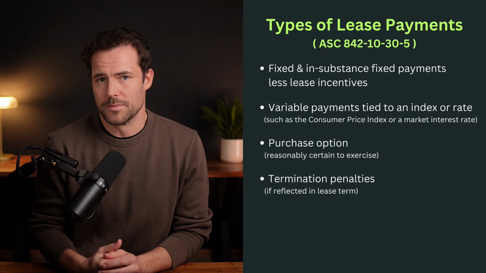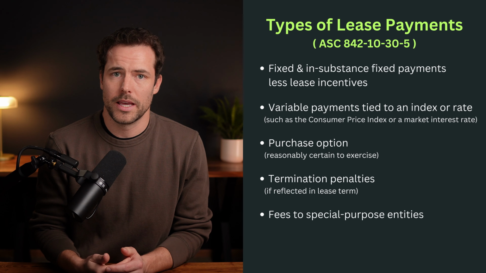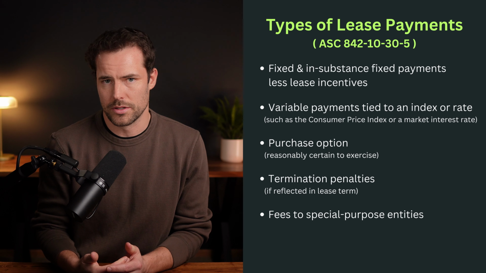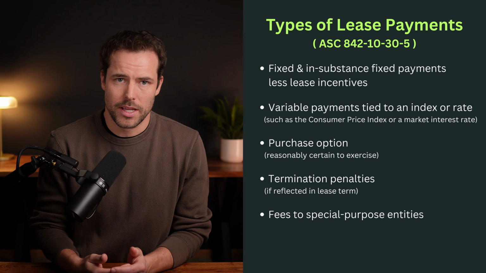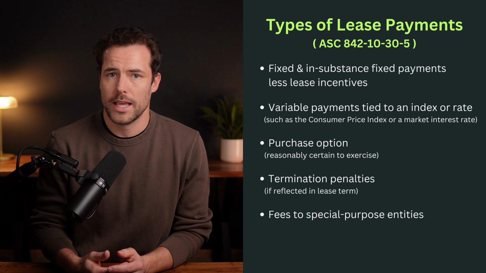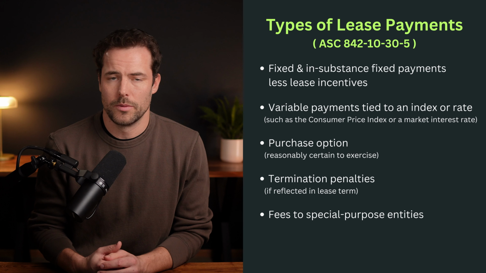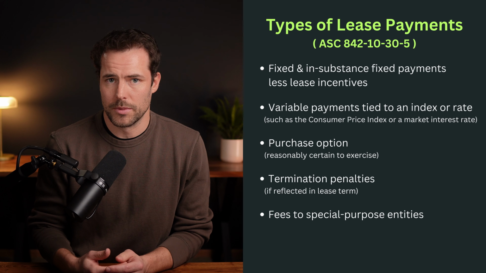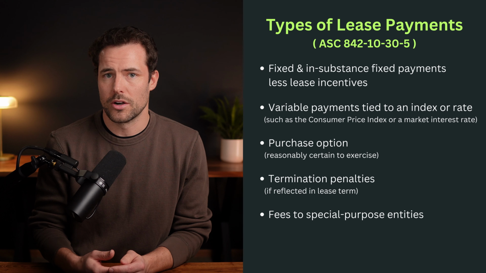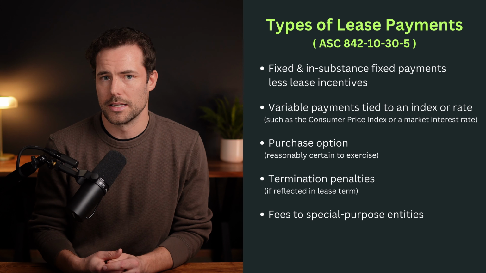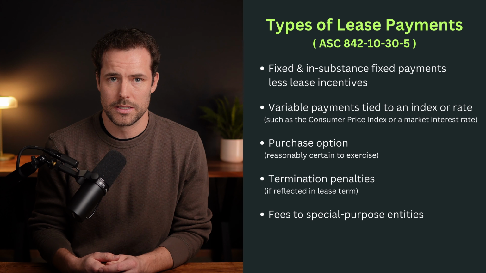The fifth type of lease payment is any fee the lessee pays to a special purpose entity that was created to structure the transaction. This is an edge case, but if the lessor sets up a special purpose entity to own the asset and we agree to contribute to its costs, those payments are included as lease payments. Just note that these fees are not included when determining the fair value of the underlying asset for classification purposes.